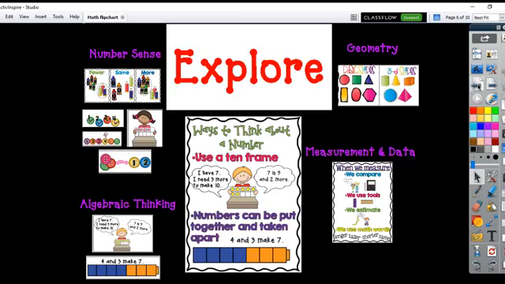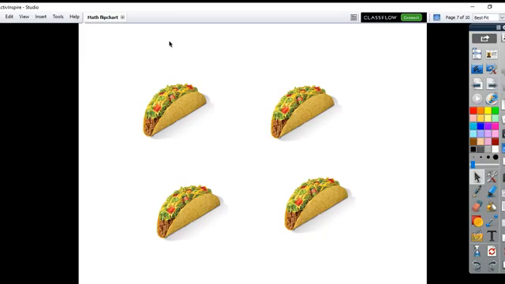So today we're going to be exploring number sense. And I'm going to show you a picture in just a moment. And I want you to just look at it, and we'll talk about it. But I want us to focus on how we see numbers. How do we see numbers? So I'm going to show you the picture.